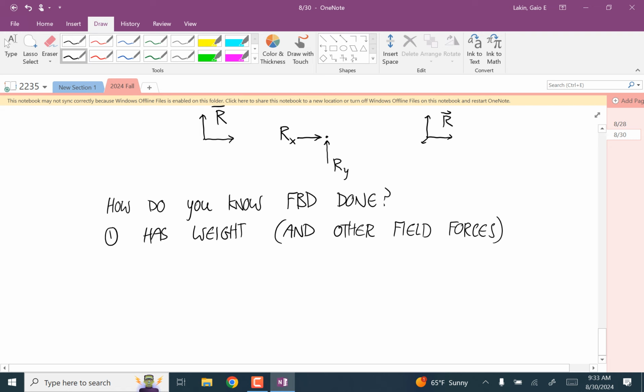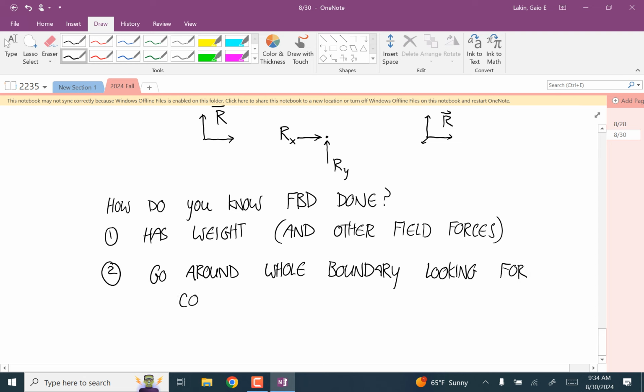Yep. And then just go around the whole boundary looking for contact with the surroundings.